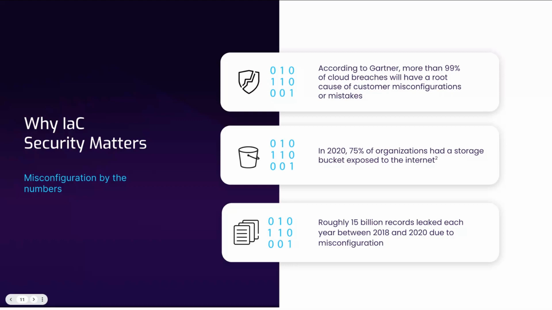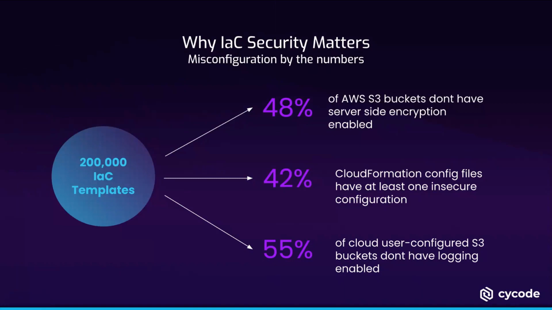So as you can see here, the numbers emphasize the message we're trying to deliver, which is the importance of infrastructure as code security. We gave here some numbers of a survey that was done, taking 200,000 infrastructure as code templates and running them through some misconfiguration checks.